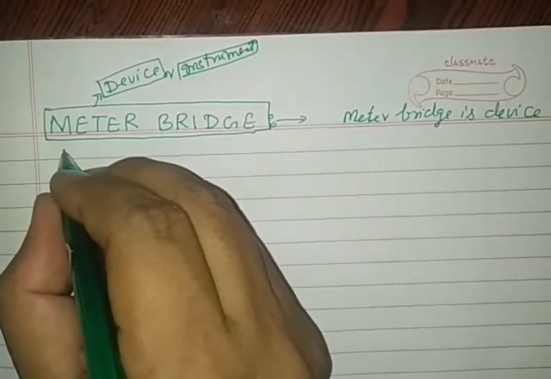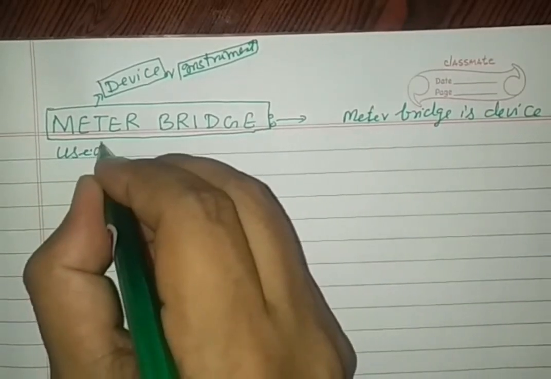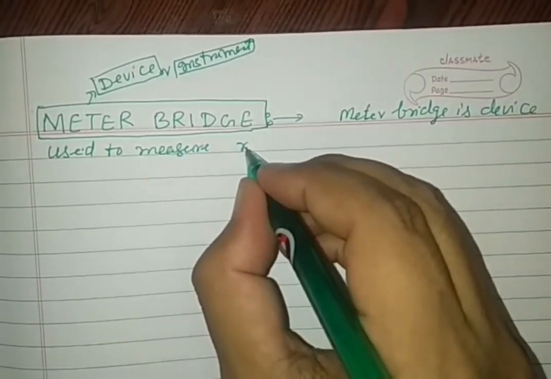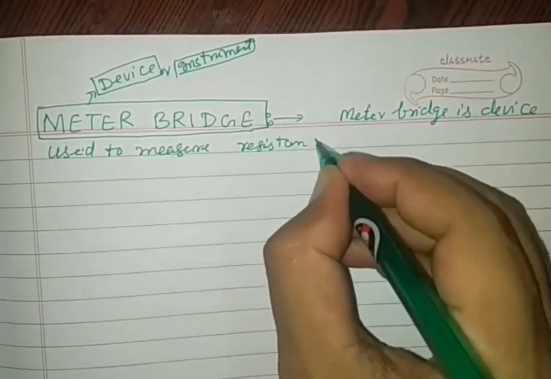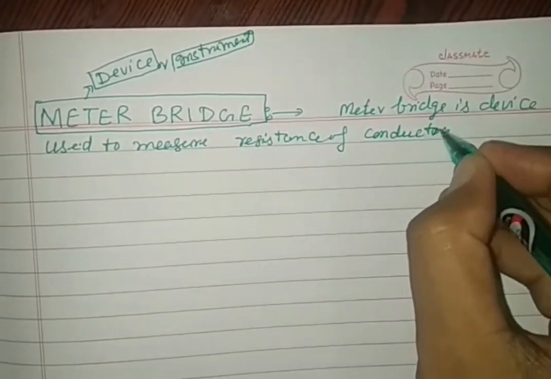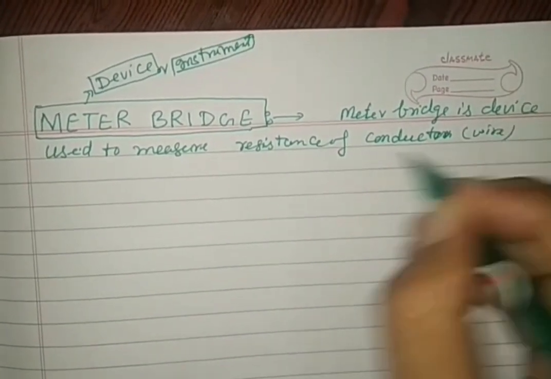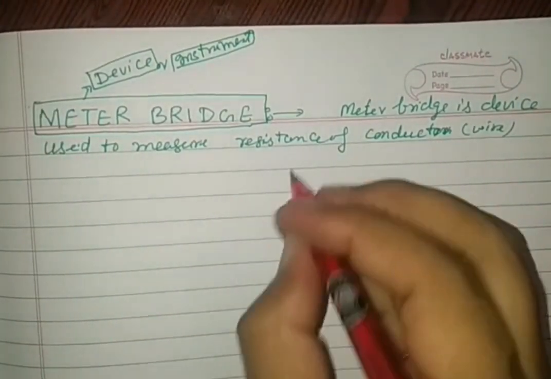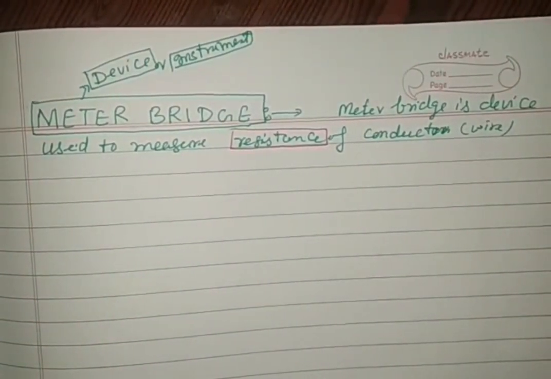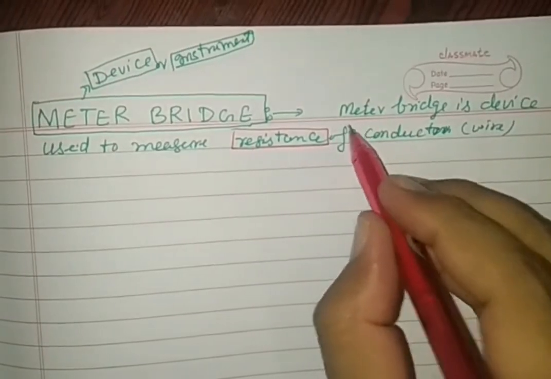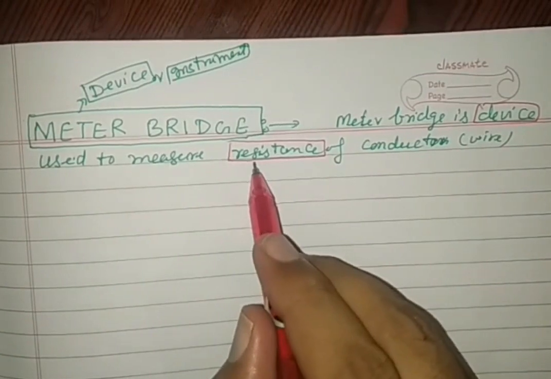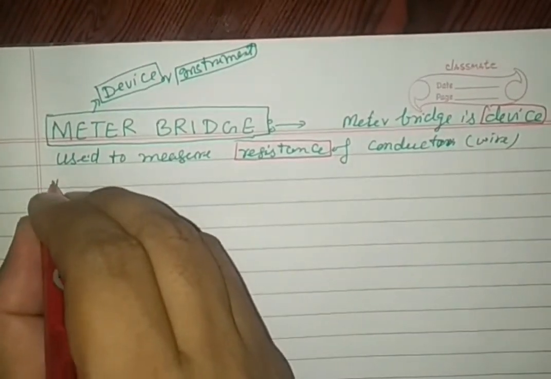This device is used to measure the resistance of a conductor. So it is used to measure the resistance of wire, conductor wire. So this is a device or instrument used to measure resistance of wire.